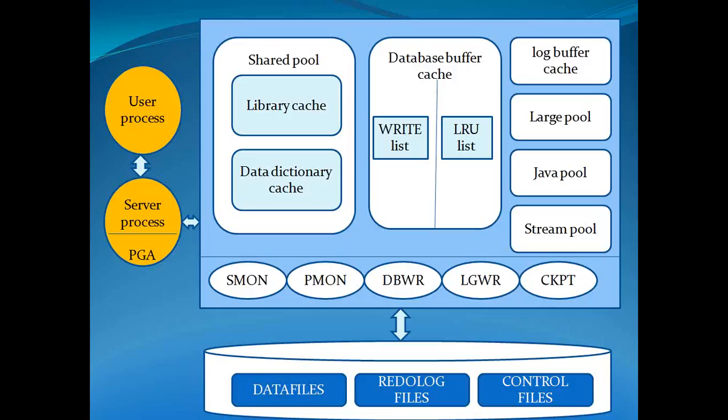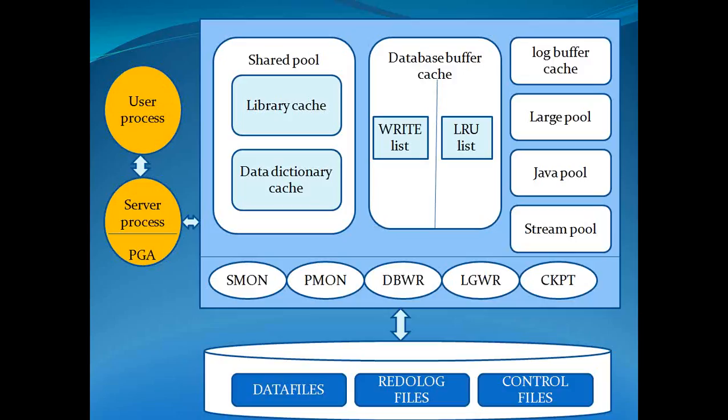We also understood that once the connection has been established, there is no concept of a listener in place. That is the reason in this diagram I am assuming that the user process has already established a connection, and that is why you have a server process created, and the PGA is also the memory which was allocated to the server process, and you don't have a listener.